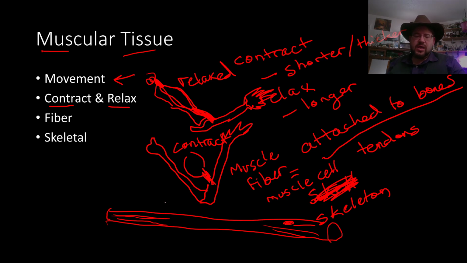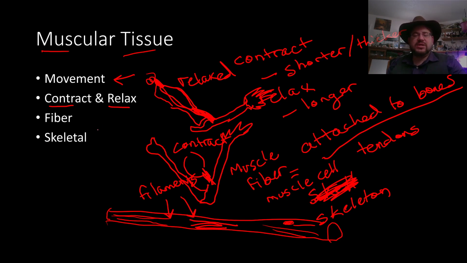Inside the muscle cell are these protein filaments, and it's the protein filaments that we'll talk about in the next lecture that allow relaxation and contraction. They allow the muscle cell to change in length and width.